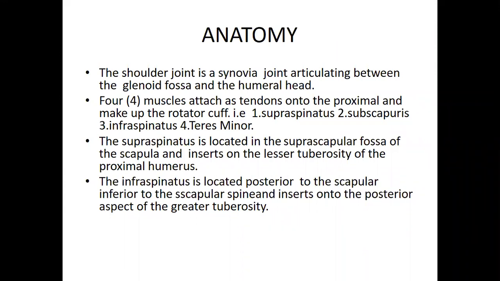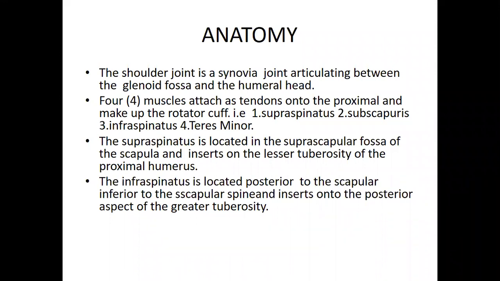So I'll try to stress how these 4 muscles join to a bone, which is the proximal portion. And this rotator cuff is also a structure that is so important in shoulder ultrasound. So we'll see exactly how this comes into play and how we can appreciate them on ultrasound.